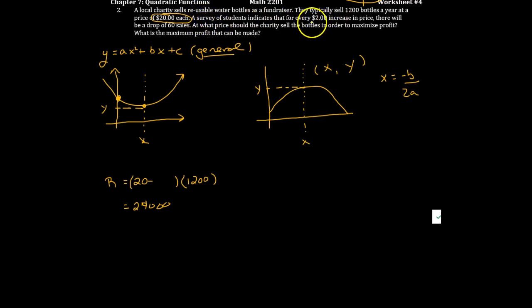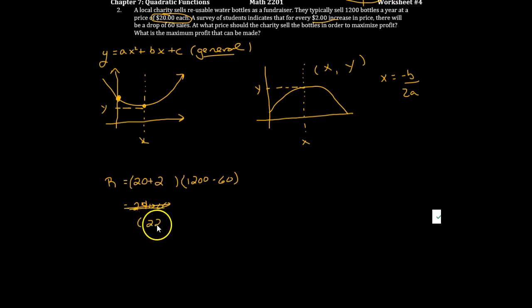However, they figure, you know what, let's read the question again, a survey of students indicates for every $2 increase in price, so increase the price by $2, they'll lose 60 sales. So if they increase the price by $2, then they expect that they'll lose 60 sales. So it's not the $24,000 anymore.